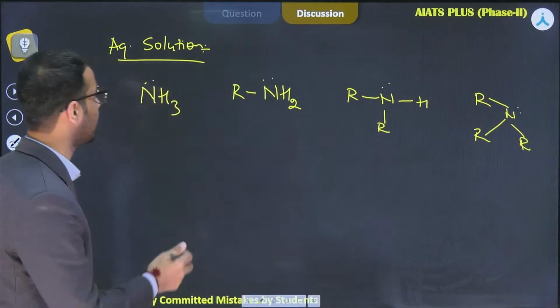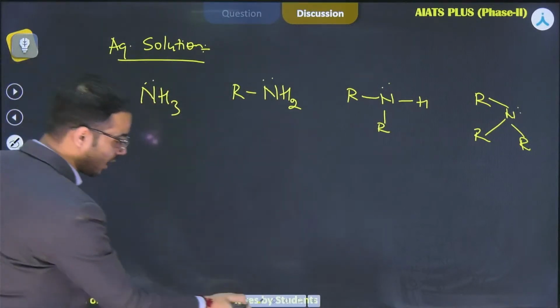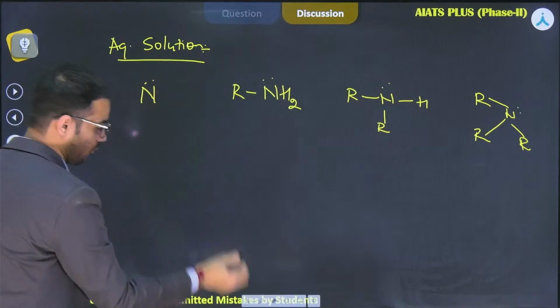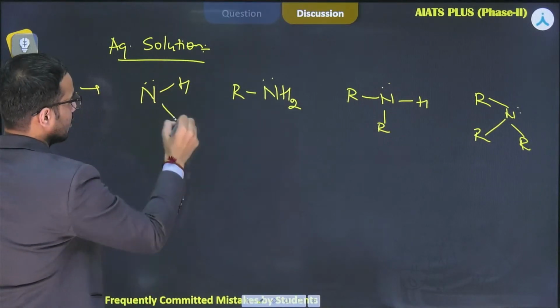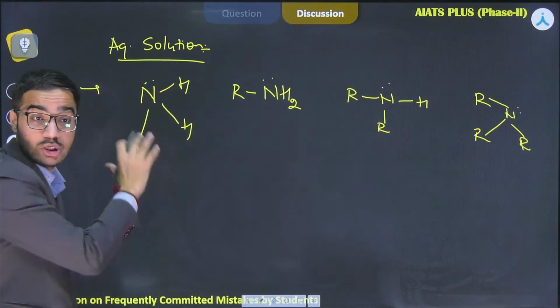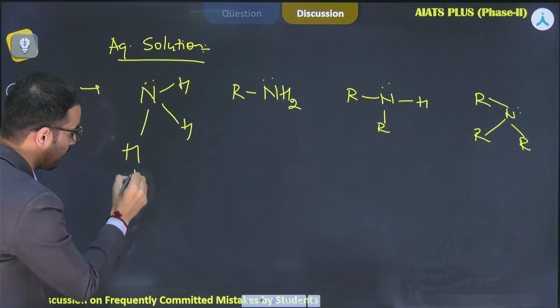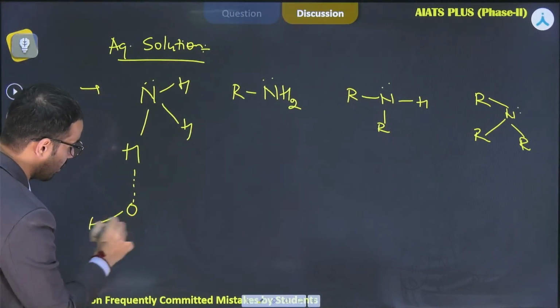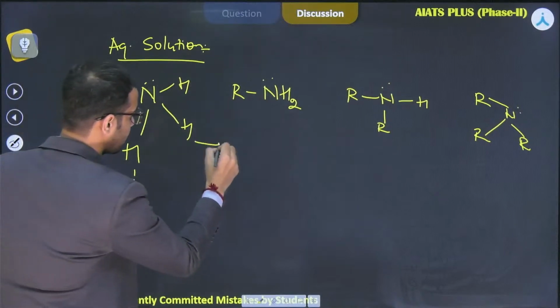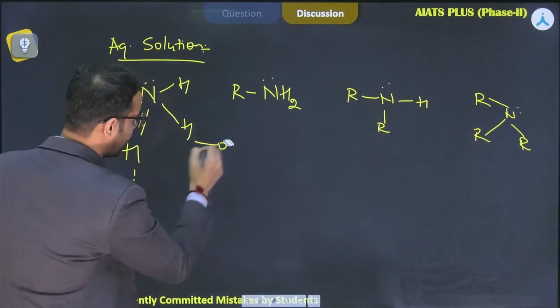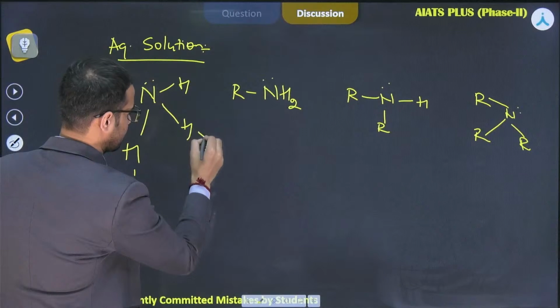So we can say that in this there will be three hydrogens, hydrogen, hydrogen, hydrogen. So this nitrogen will be forming hydrogen bonds with water, and you will get cage-like structures.